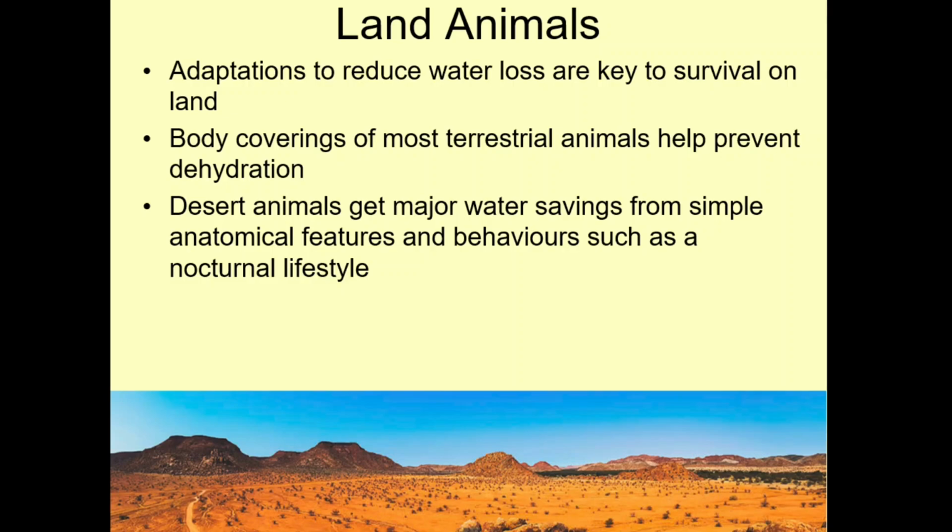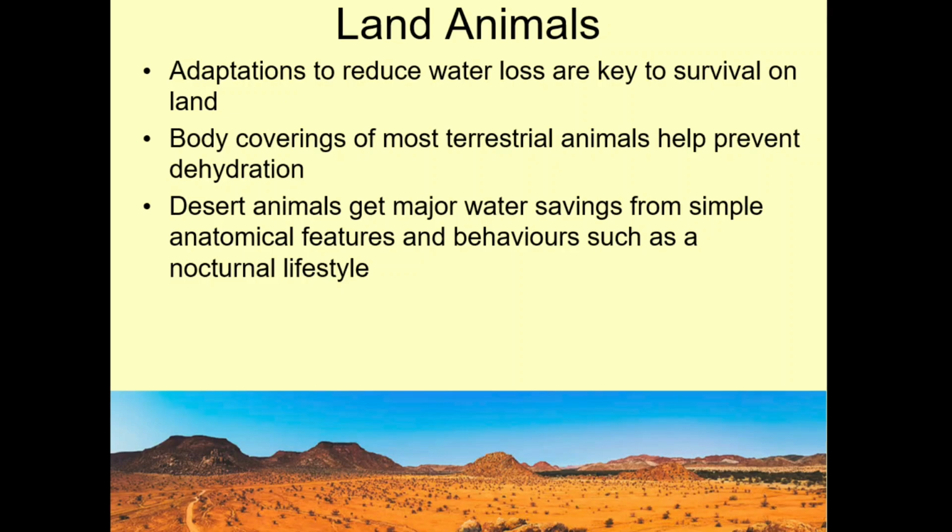And some of these are fairly straightforward and quite obvious, but we don't always think about how they relate to something like osmoregulation. So desert animals get major water savings from simple anatomical features like skin and scales, but also behaviors such as a nocturnal lifestyle. So we often see that with desert animals.